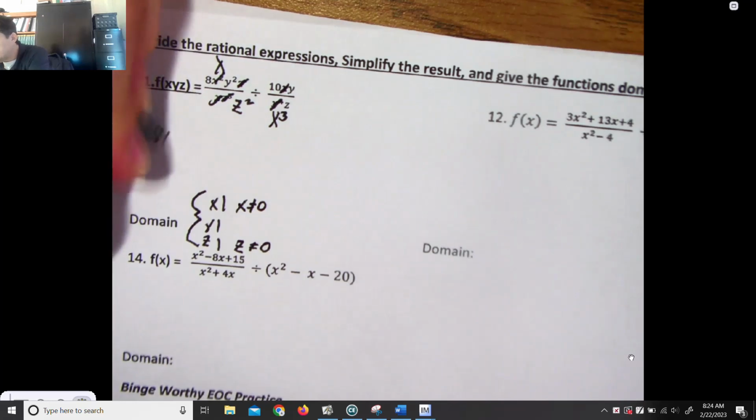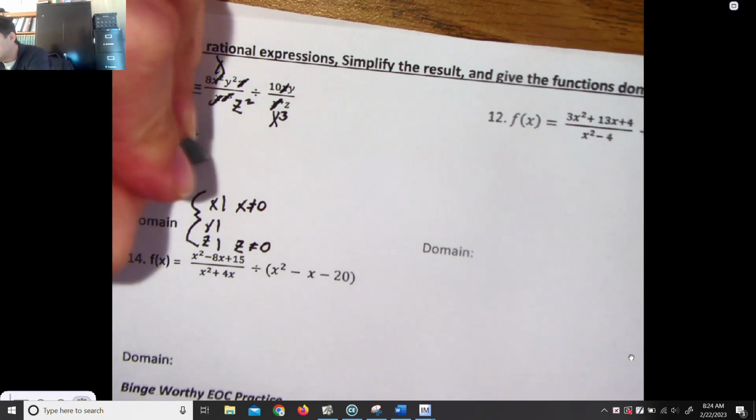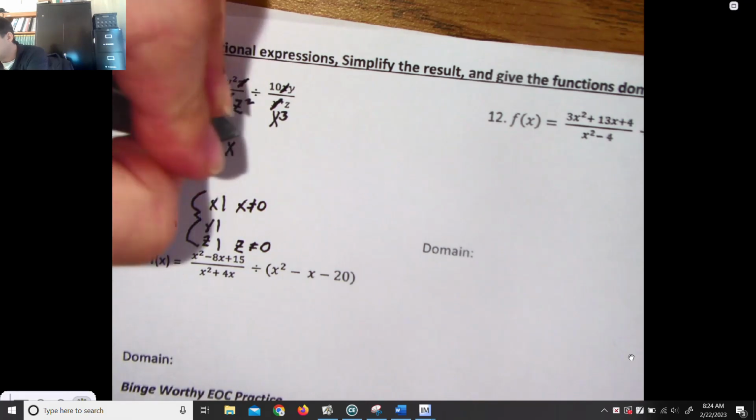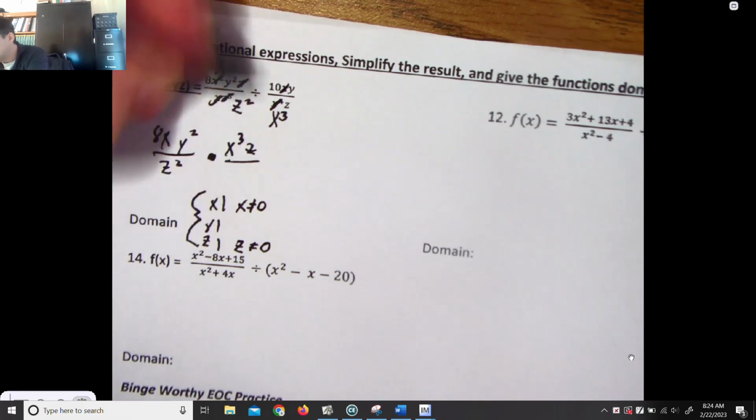So I have 8x y squared over z squared. And I'm changing to multiplication, so I reciprocate: x cubed z over 10y.